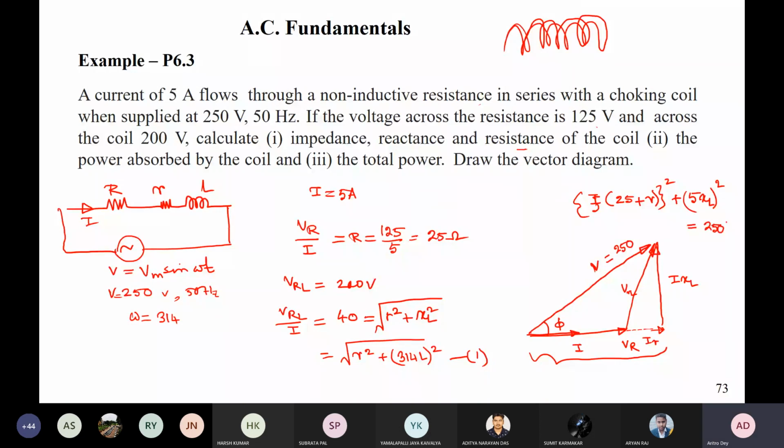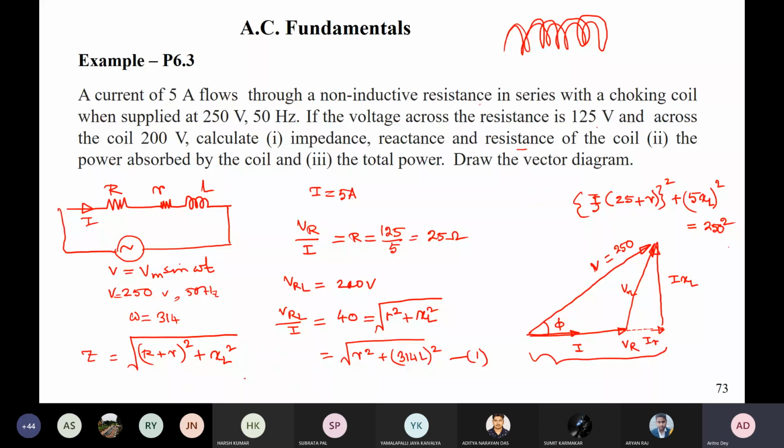Or in the other way, you can write it like this. You know your total impedance, Z, is equal to the square root of (R plus small r) whole square plus XL square. So from there also you will be able to find it out.